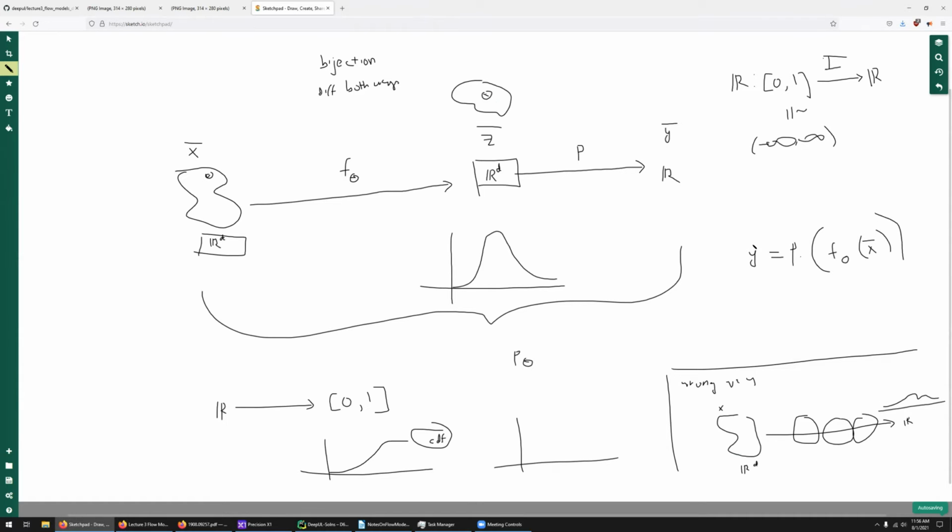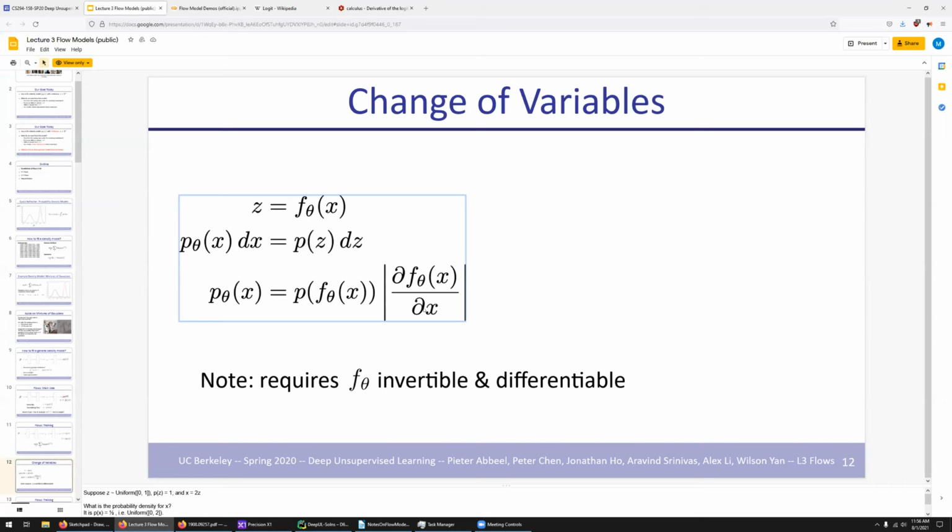Like that's all that's going on. You're just taking one item and moving the functions around. Why is there this derivative here?